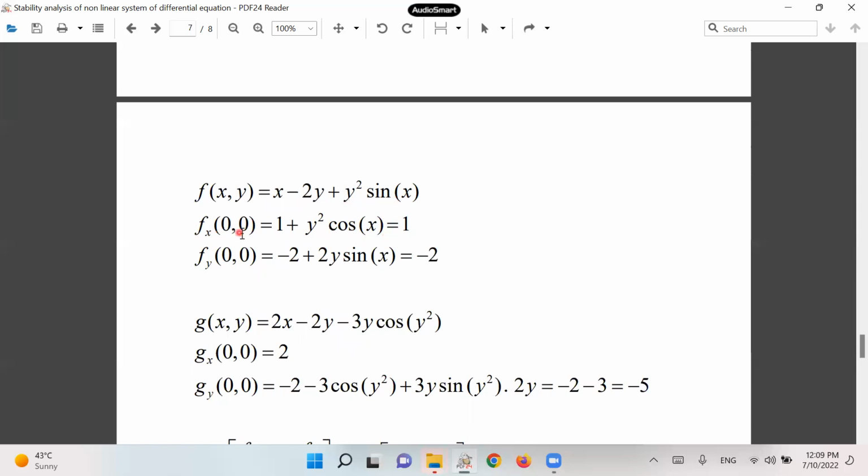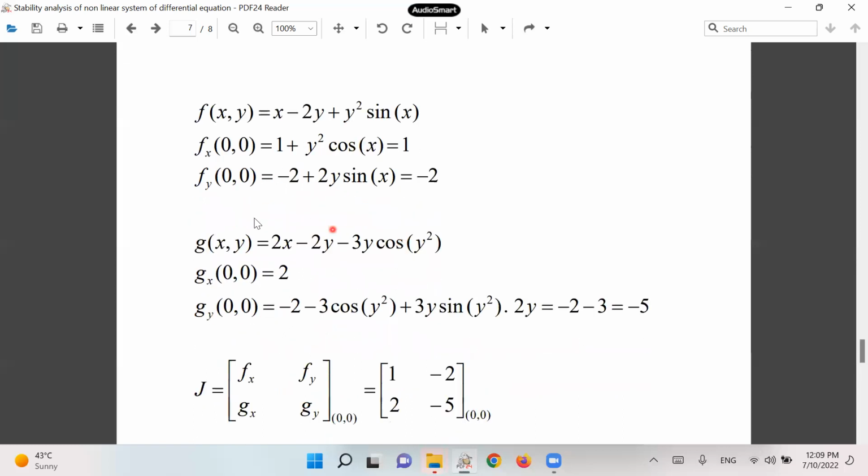And when we substitute x is 0 and y is also 0, this becomes 0, and cos of 0 is 1, but 1 multiplied by 0 becomes 0. So 1 plus 0, the answer will be 1. Similarly, we will now take the derivative with respect to y of this function. With respect to y, this becomes constant, so it is a 0 term.